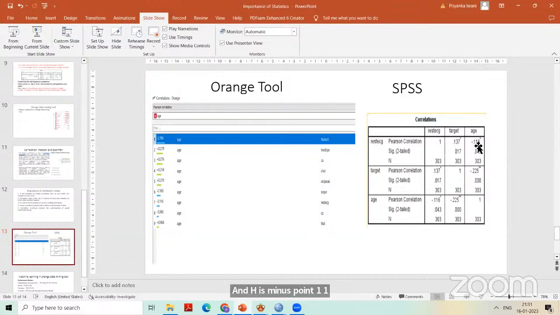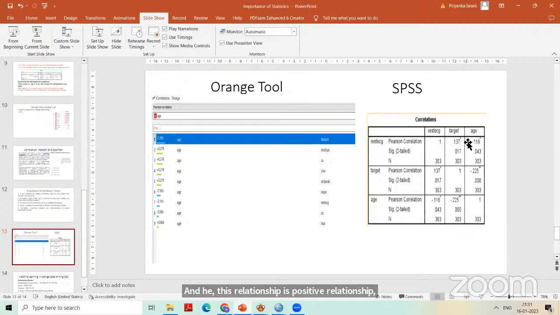Which value is greater? The value 0.137 is greater, while 0.116 is less. So REST ECG has a higher correlation with target as compared to REST ECG and age. And this is a positive relationship because there is a positive sign.